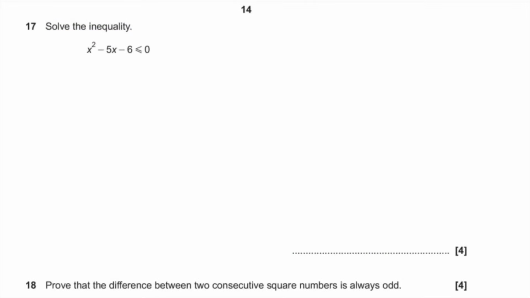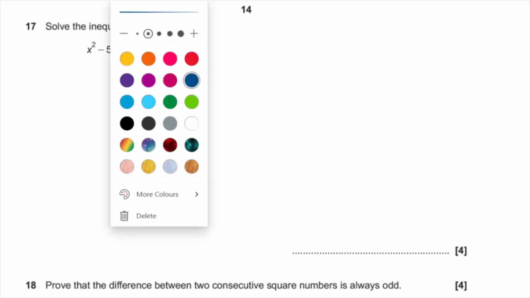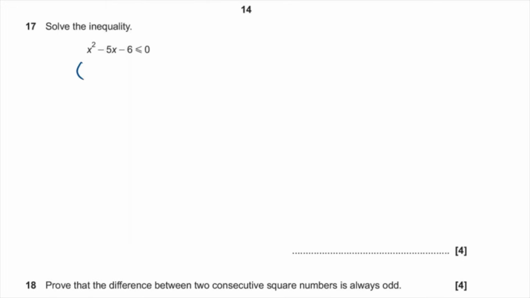Question 17. Solve the inequality x squared minus 5x minus 6 is less than or equal to 0. Okay, so I think first off we need to factorize this, don't we? So let's say that's the same thing as two brackets multiplied together. I've got x squared at the start, so I'm going to have x and x here. Now let's have a quick look at the constant on the end, negative 6. What are the factor pairs of 6? 6 has factor pairs 1 and 6, 2 and 3.